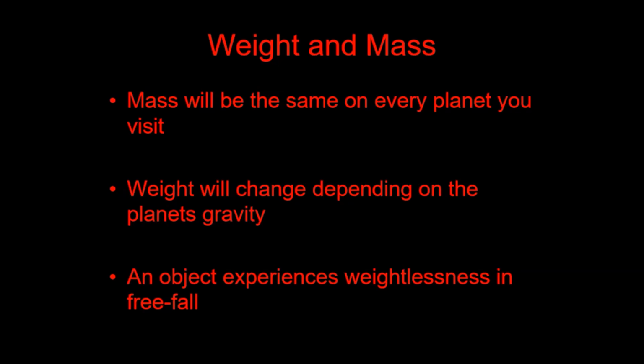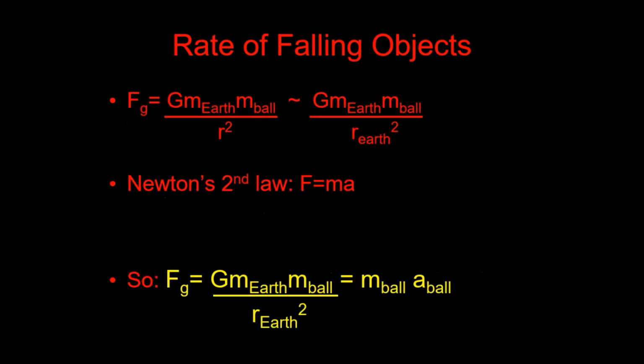But when we're talking about falling objects, something we said before was that all objects fall at the same rate. Drop something of 10 tons or 4 kilograms, and they will fall at the same rate due to gravity. But we haven't really said why. We've said previously that the force of gravity on Earth is G m Earth m ball over r squared.